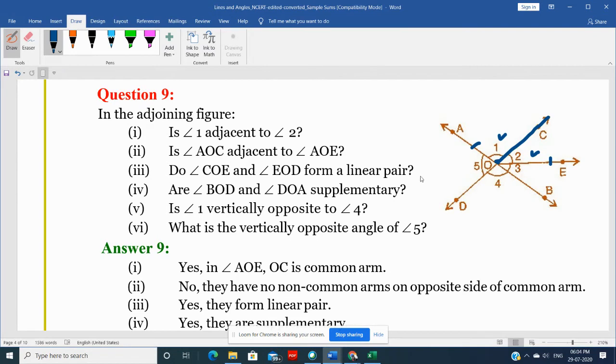All right. Now, next is AOC adjacent to AOE? Let me first erase this so that it becomes clear for you. AOC, we are talking about AOC.